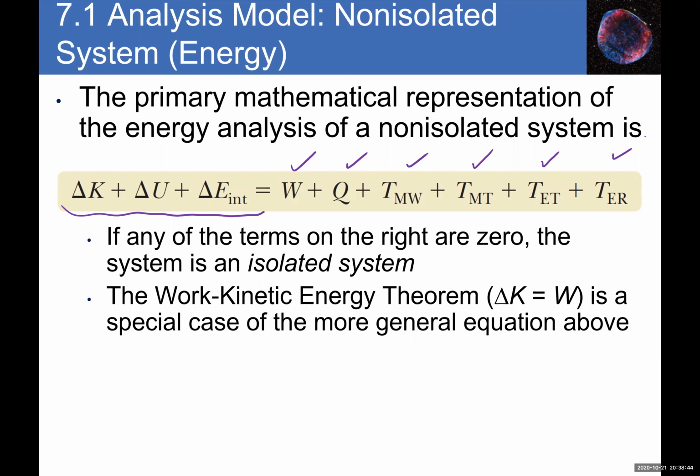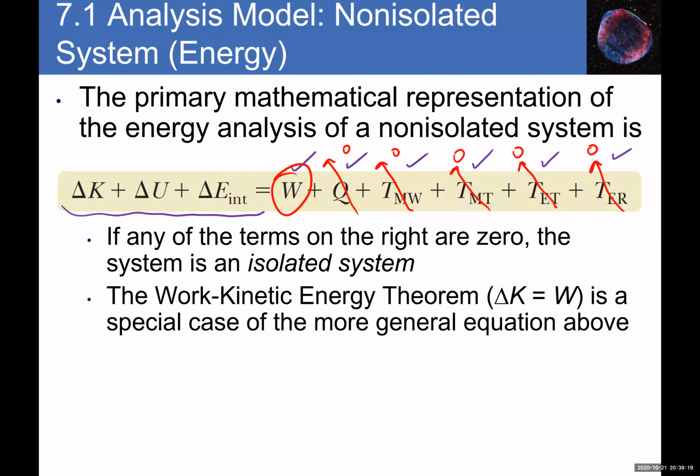That means what we're doing in this chapter, for example, is assuming that we will never be working with electromagnetic radiation, electric transmission, matter transfer, mechanical wave transfer, or even heat transfer. All of those are assumed to be zero. And the only way the system energy, which is the combination of changing kinetic plus changing potential plus changing internal energy, will change is due to this guy alone, work done.